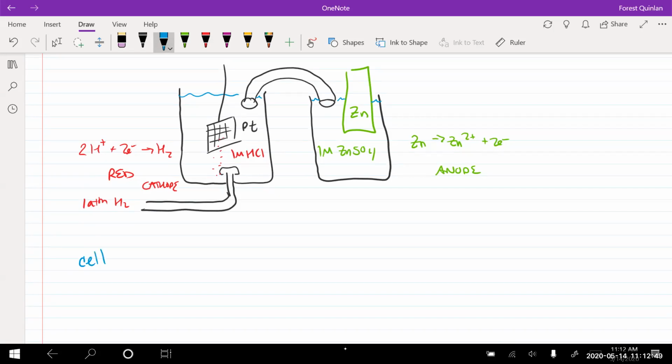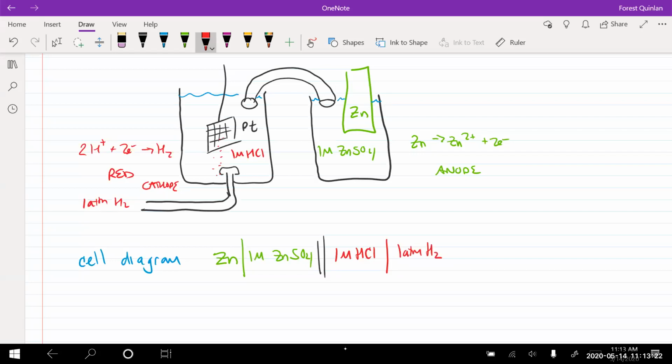So the cell diagram would look like zinc, 1 molar zinc sulfate. We got our salt bridge, which is our membrane. And then what's the next thing we see? We see the solution, 1 molar HCl, and then we see 1 atmosphere of hydrogen, and then the platinum. There's where your precipitate or gases come into play.